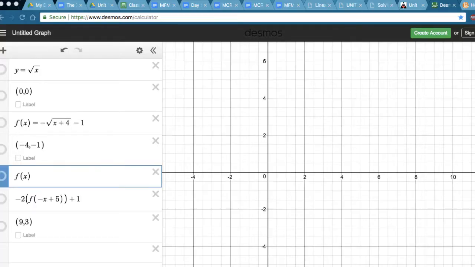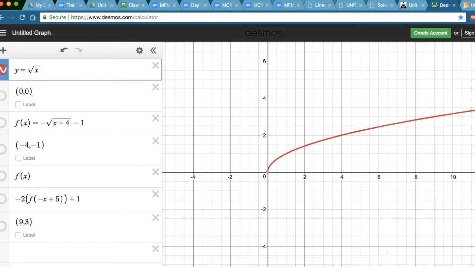Okay, so here we have our original square root of x function, right? And we know that x in this direction has to be greater than 0, and we know that y in this direction has to be greater than 0 because we see there's no line on this side of the x or y, right?